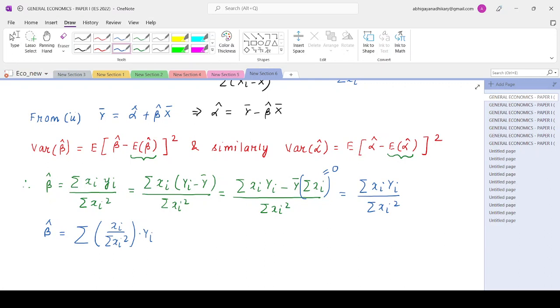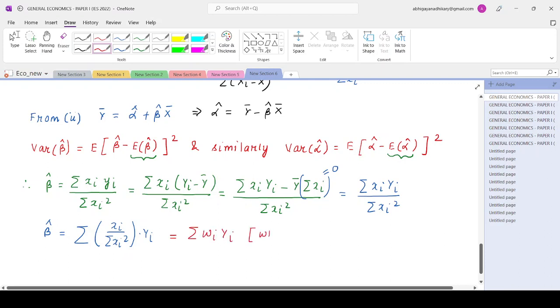I have just taken the denominator inside and just taken the ratio as xi by summation xi whole square, and let us say I denote it as summation wi yi, where your wi's are basically xi by summation xi square.